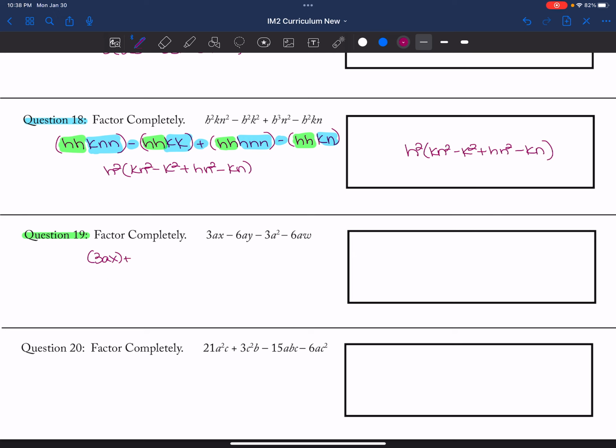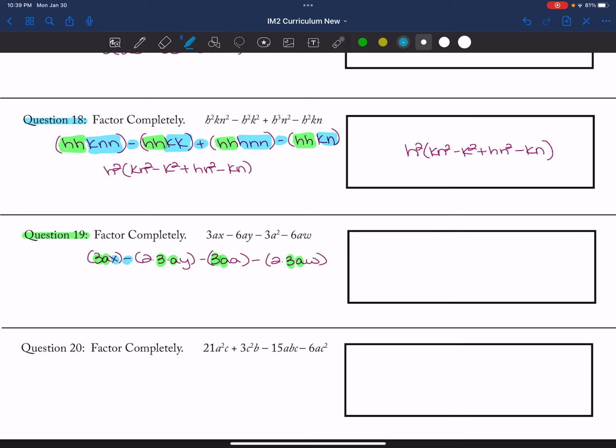Okay, so 3ax minus 2 times 3 times a times y minus 3 times a, minus 2 times 3 times a times w. Now what I have is everybody's got a 3, and everybody's got an a, and that's all that we have in common.